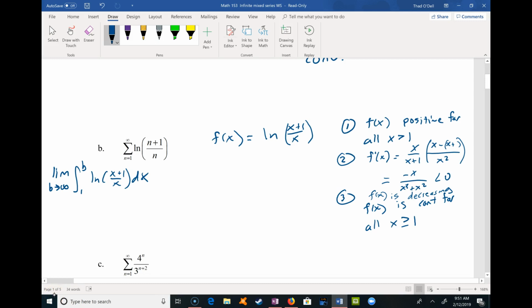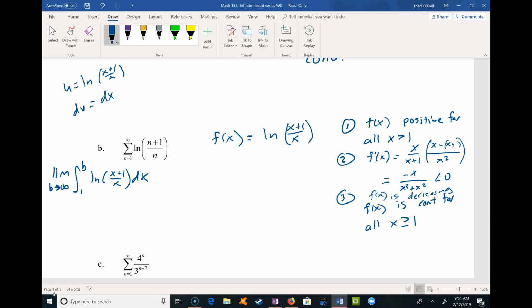So the way you'd integrate this is using integration by parts, where you would let u equal the natural log of x plus 1 over x, and dv equal dx.